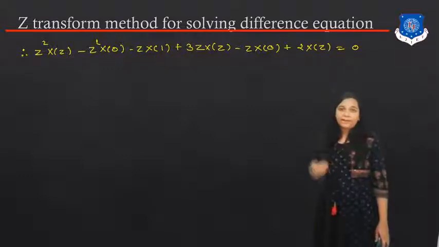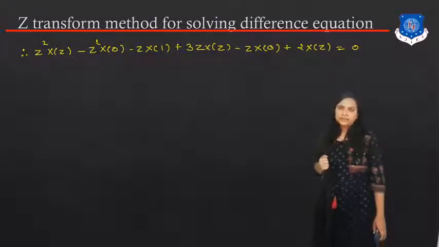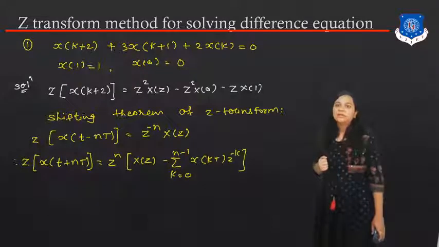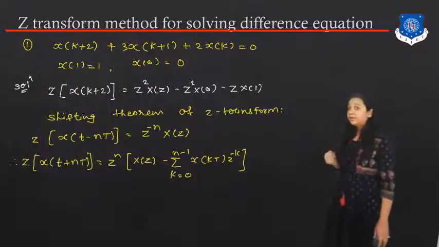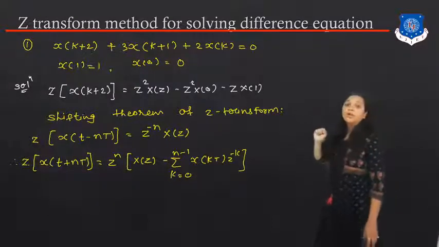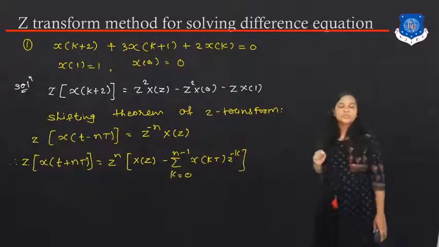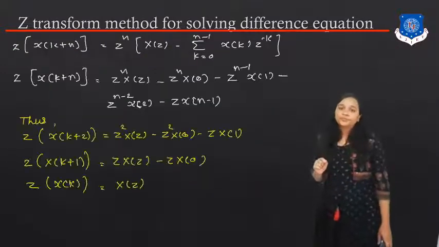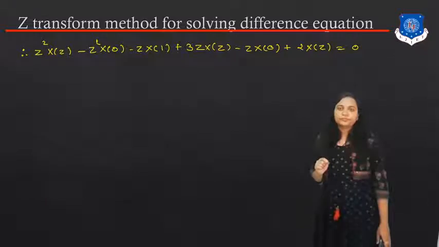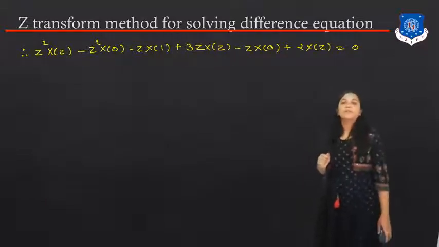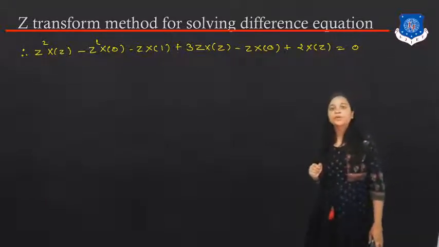Okay, now apply some initial conditions. In the equation they will give some initial conditions like x of 1 is equal to 1 and x of 0 is equal to 0. So put x of 1 is equal to 1 and x of 0 is equal to 0.